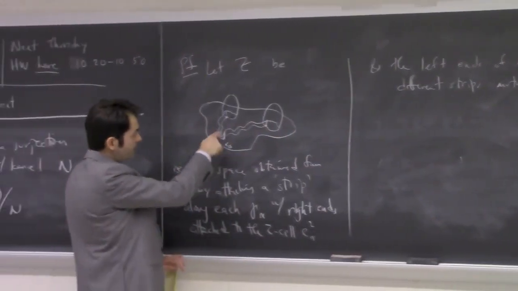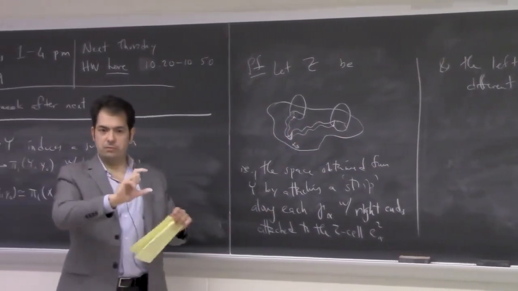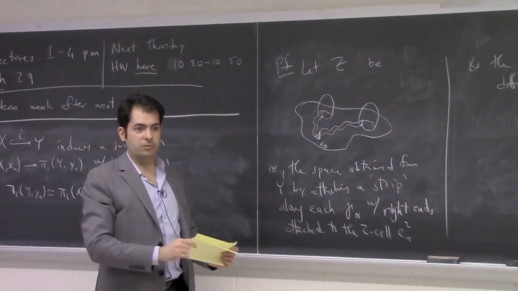So here above x naught, there's just a single little interval, the same interval from all of the different strips.